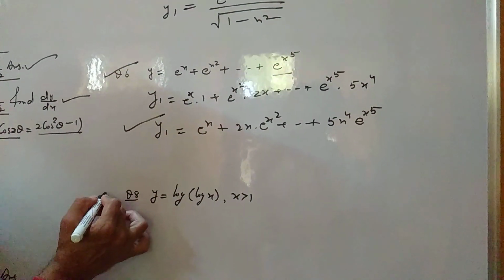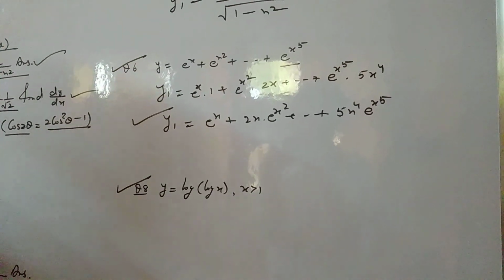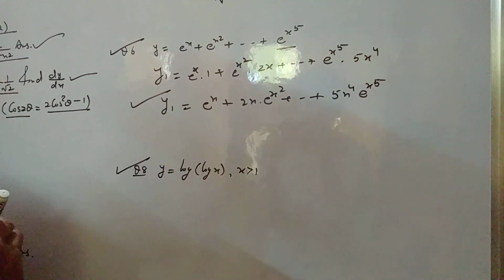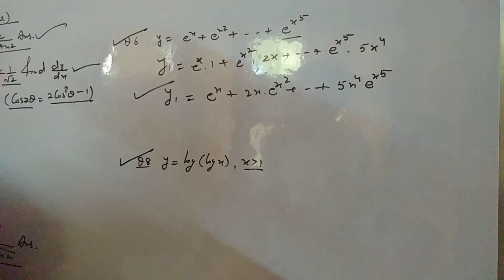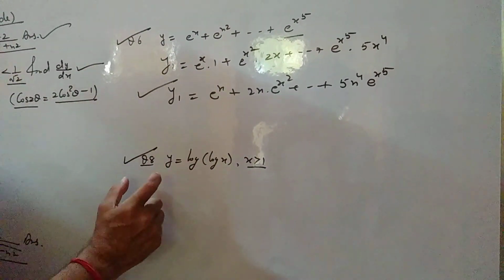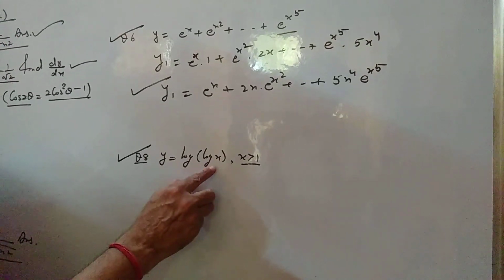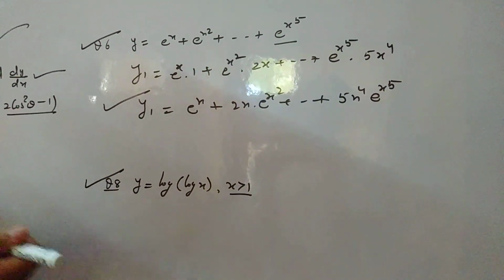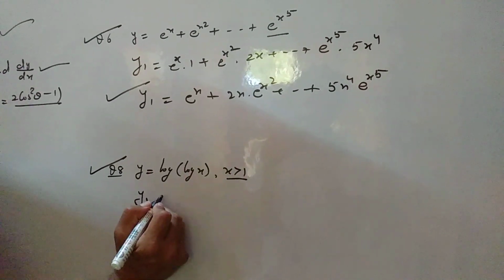And see question number 8 in this exercise. The question is y is equal to log of log x, and x is greater than 0. So we use the direct chain rule. Then y is equal to log of log x, where log x is supposed to be one function. So differentiate both sides with respect to x.